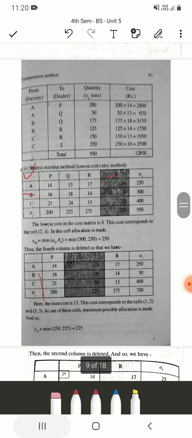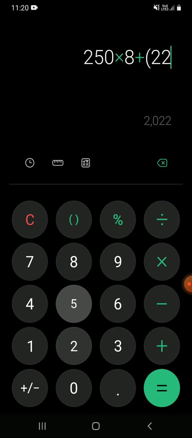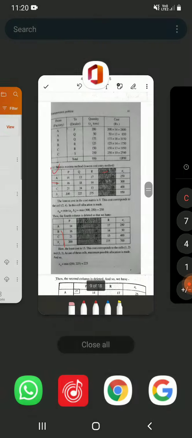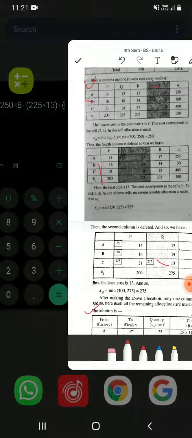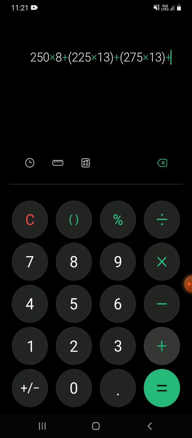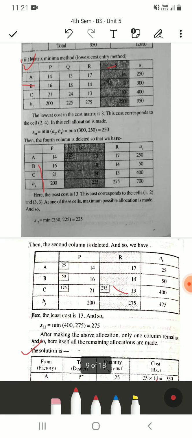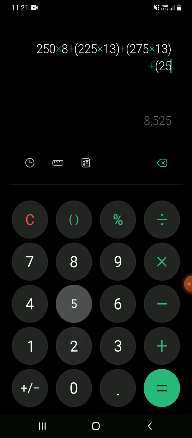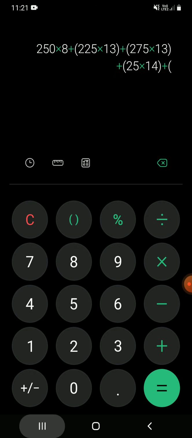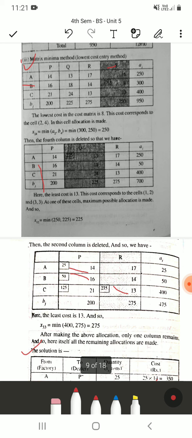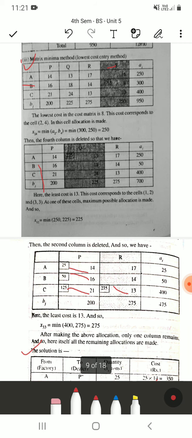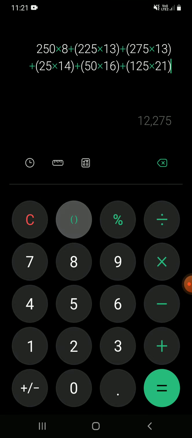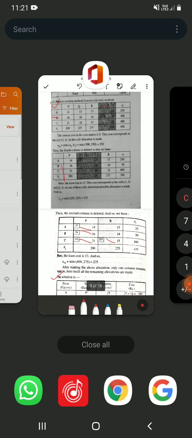Next one is 225 into 13, plus 425 into 13, plus the next allocation made is 275 into 13, plus 25 into 14, plus 50 into 16, plus, and the last allocation made is 125 into 21. So you got the same answer. Maybe there is some typing mistake in the first one.